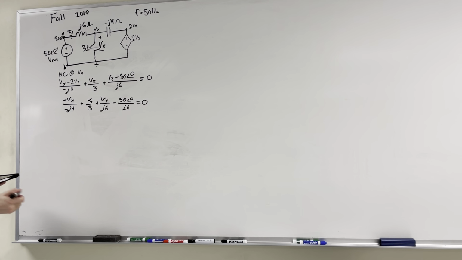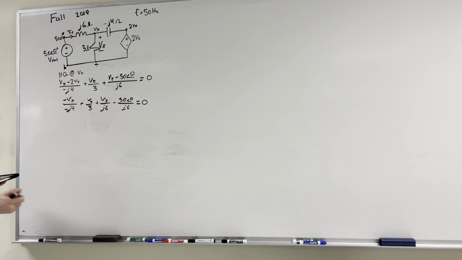With Vx, we can now finally solve for Is. So to find Is, this is part A, is going to be equal to the current flowing through here. So it's going to be 50 minus Vx all over J6.